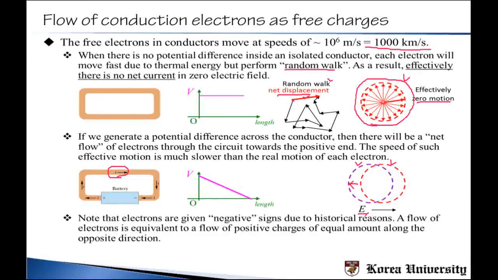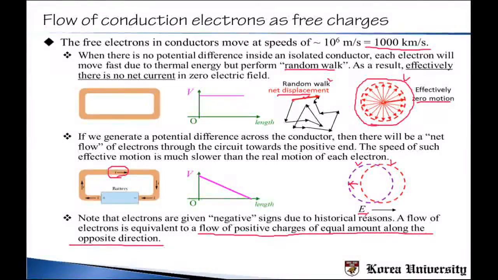One more thing to note is something we already said: the electrons are given negative signs due to historical reasons. I think it was Benjamin Franklin who just happened to assign negative signs to electrons. As a result, a flow of electrons is equivalent to the flow of positive charges of equal amount along the opposite direction.